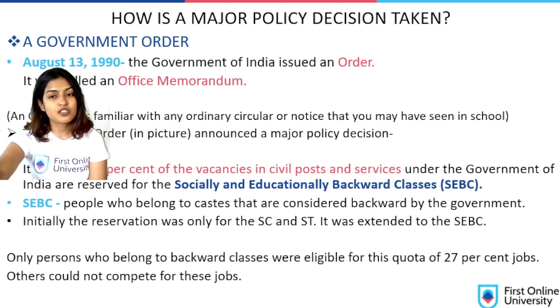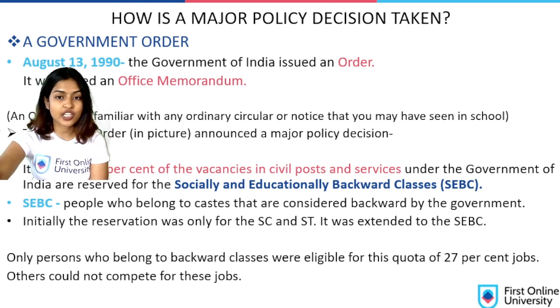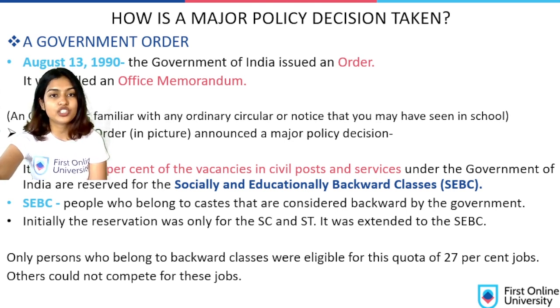So only persons who belong to backward classes were eligible for this quota of 27% jobs. Others could not compete for these jobs. You should also remember here that the 27% was just for the SEBCs. This was excluding the reservation that was there for Scheduled Castes and Scheduled Tribes.